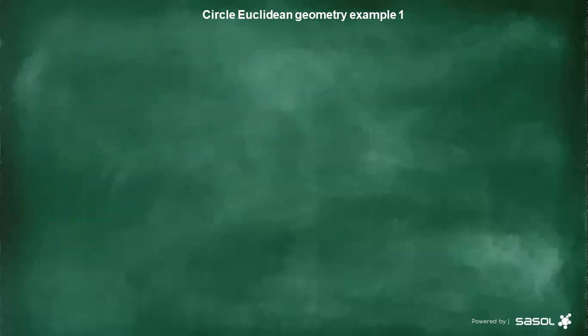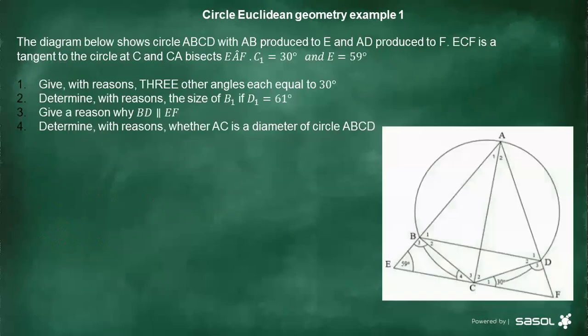Circle geometry, example 1. Let's see what we are going to have. All right. Now we have to study the scenario together with the diagram. The first says the diagram below shows the circle ABCD.